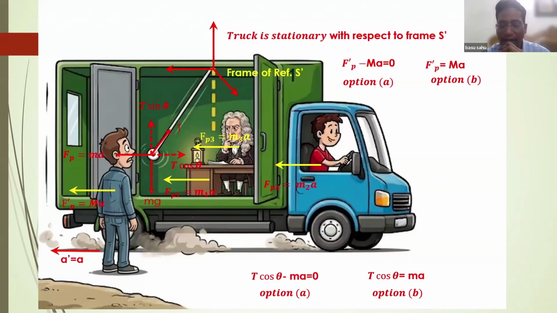Option A said F dash P minus something, considering ma also as a force, is equal to mass into acceleration is 0. I don't know why we are considering it like that. I don't think this kind of reality is there for the man. So that's why option B is correct.